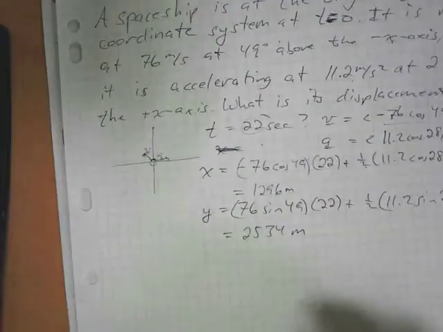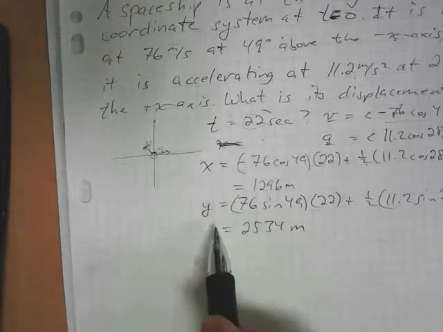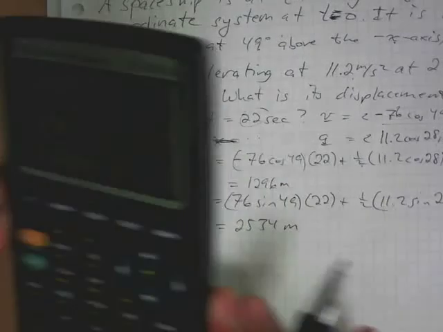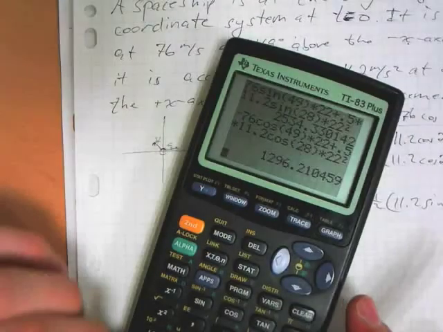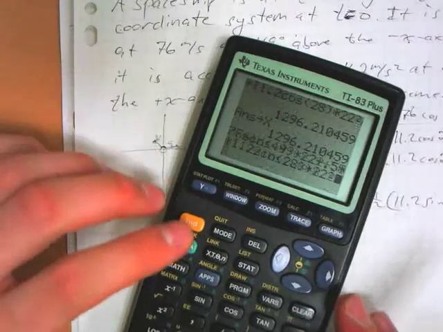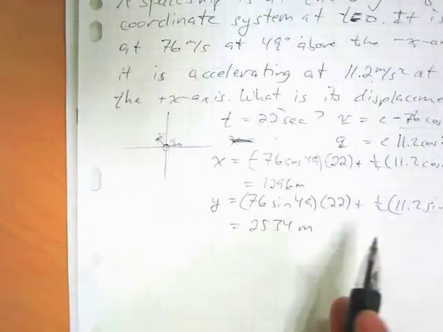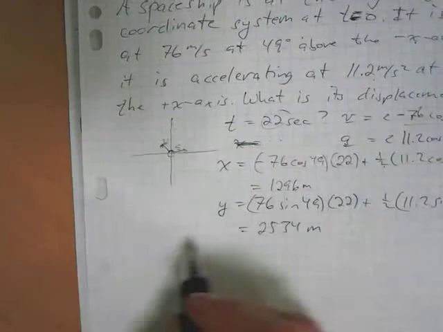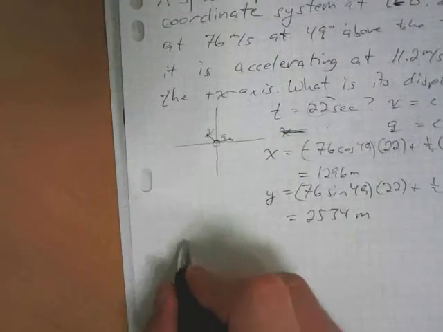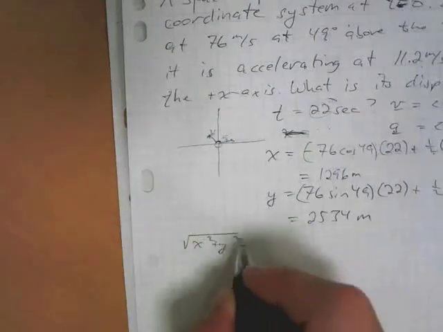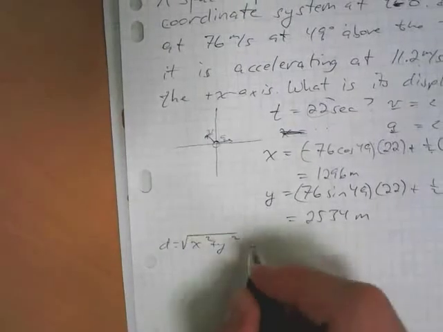We're not really done, because displacement, remember, is magnitude and direction. I'm going to go back and store these because I forgot to do that. Store as y. Okay. Our displacement is magnitude and direction, so take the square root of x squared plus y squared to get how far we are from the origin.